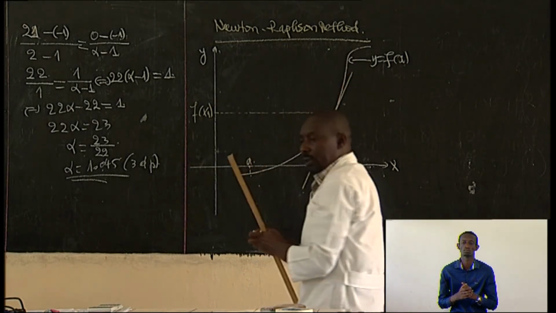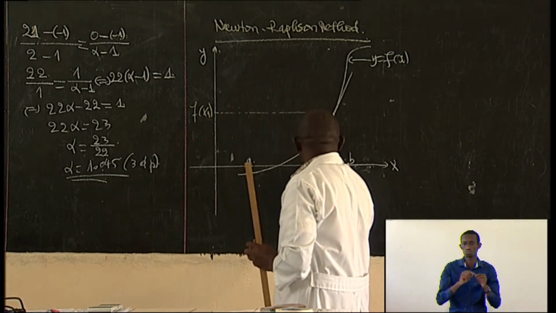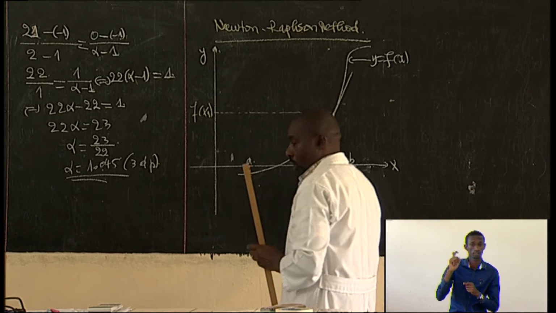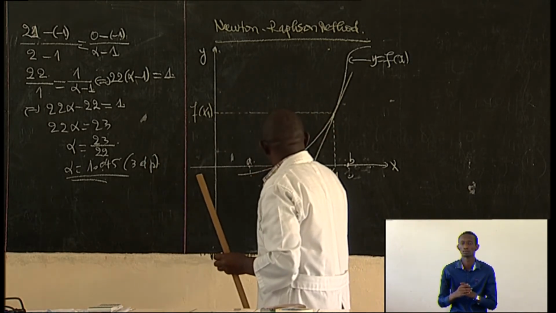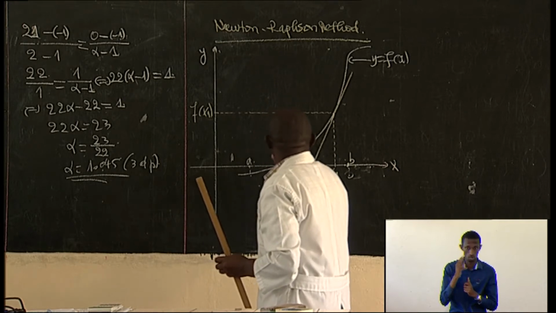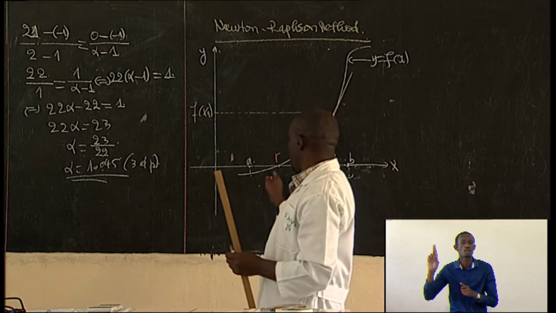And my tangent is crossing the x-axis at x2. Let me have this root r, because the curve is crossing the x-axis, means the root is here.